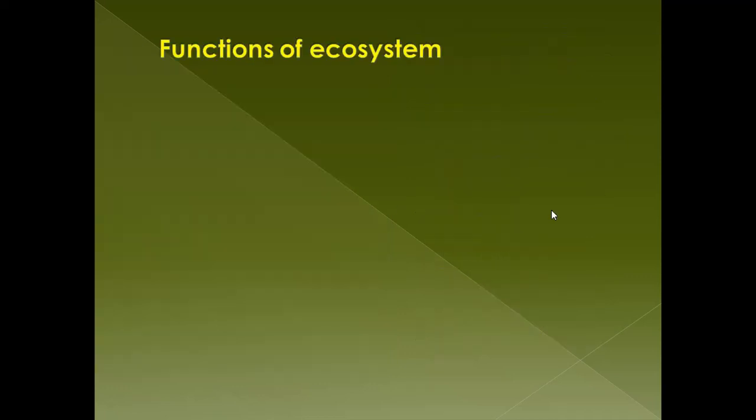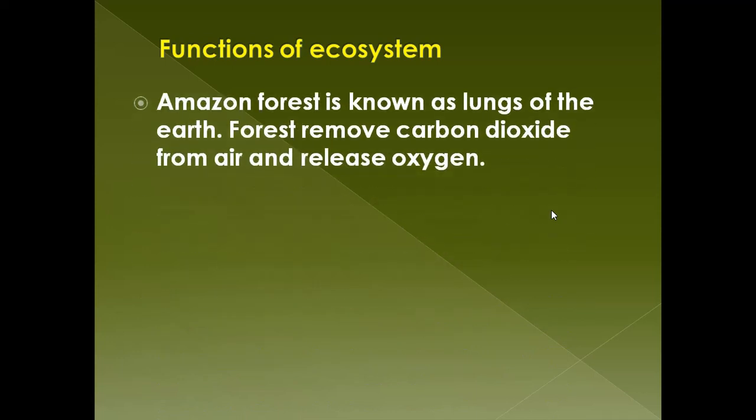Now, let's take up the functions of the ecosystem. The forest ecosystem plays a very important role because it provides oxygen. The Amazon forest is known as the lung of the earth because it keeps the world's atmosphere rich in oxygen, because it is a thick forest with lush green vegetation.